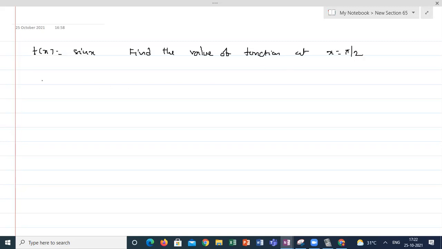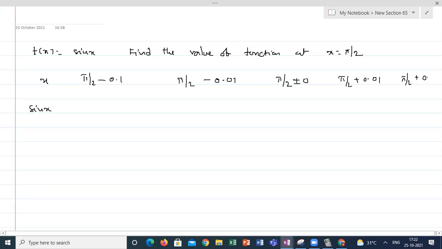So for this, if I'm doing it with a tabular column, I can take pi by 2 minus 0.1, pi by 2 minus 0.01, pi by 2 minus 0.001, pi by 2, pi by 2 plus 0.01, pi by 2 plus 0.001. So here I am getting the values like this: 0.9950, 0.9999, and this is 1.